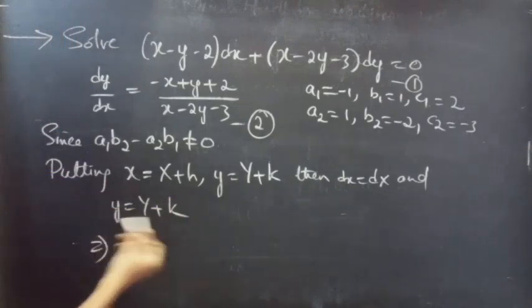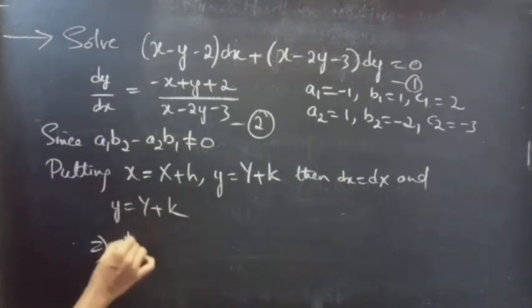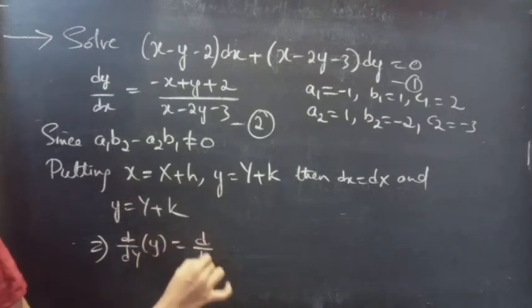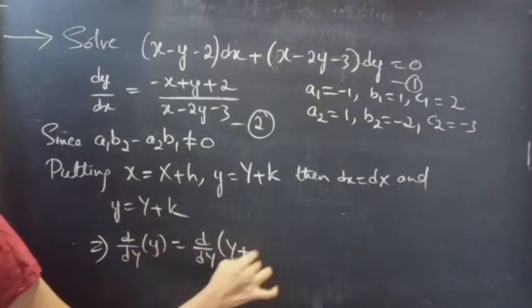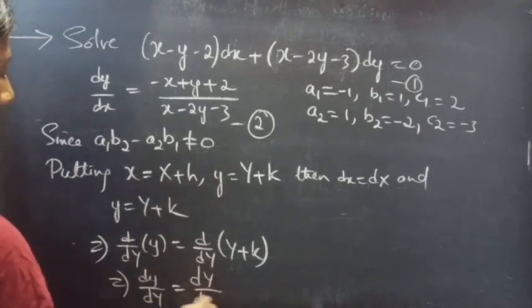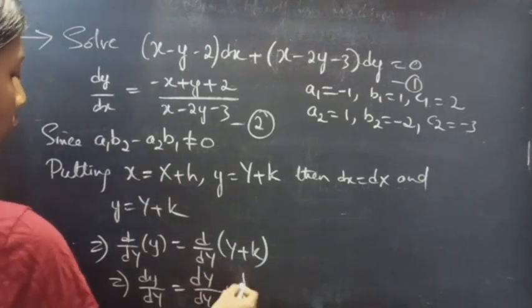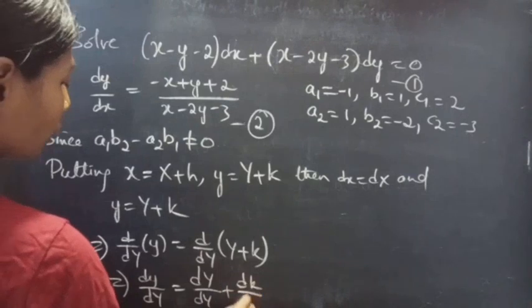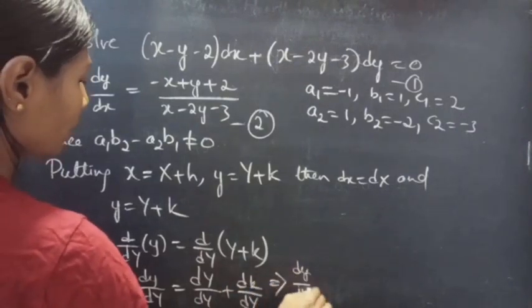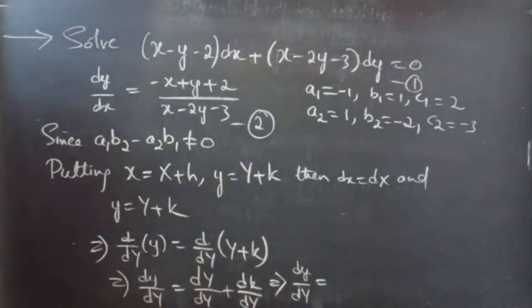And we have small y equals capital Y plus k. Now differentiate on both sides with respect to capital Y. Then dy by dY equals dY by dY plus derivative of a constant.